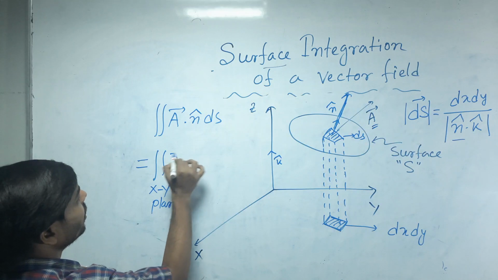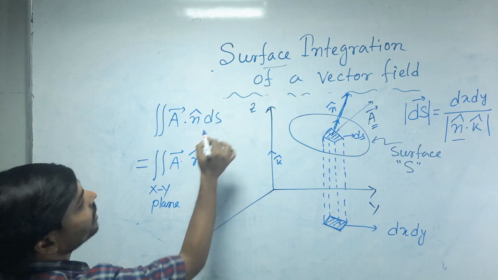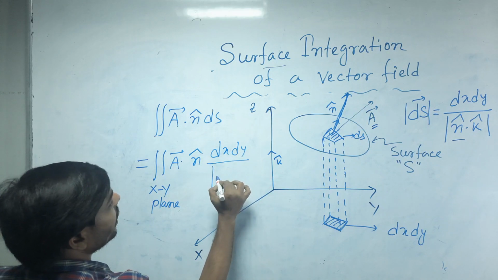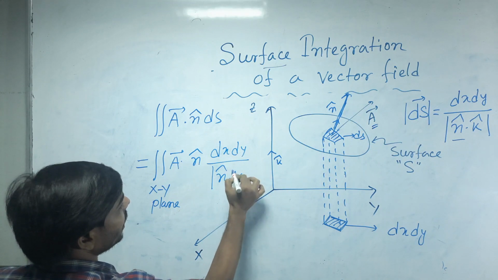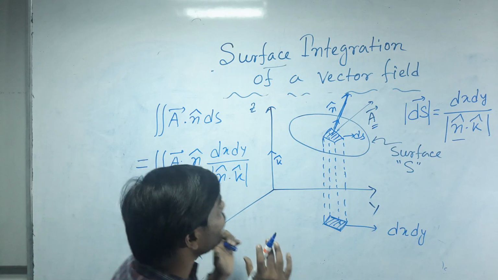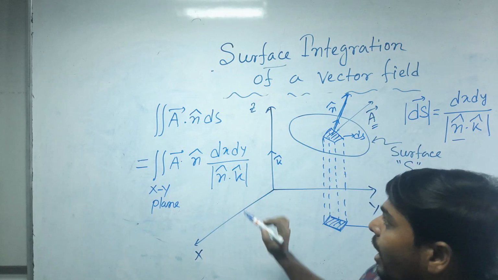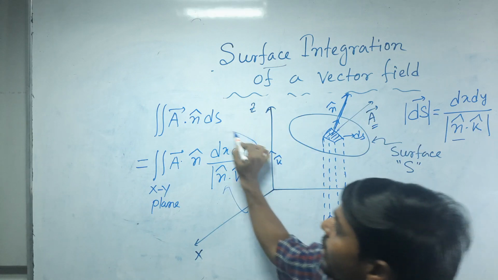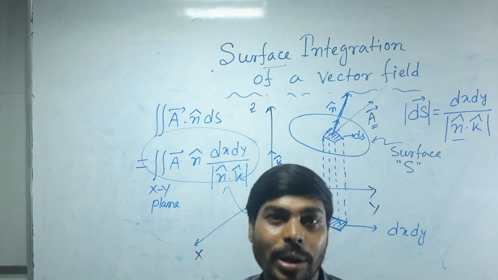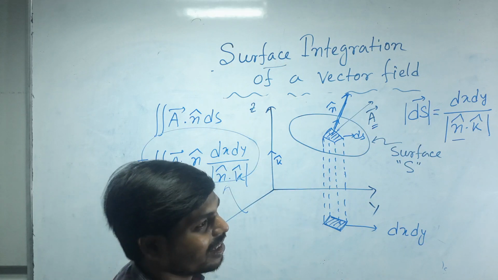So A vector dot n cap dS is equal to dx dy by n cap dot k cap. And when you solve different problems, you will find how helpful this equation is for solving any numerical problems of the surface integration.